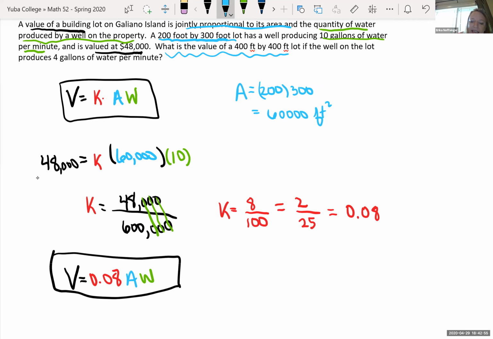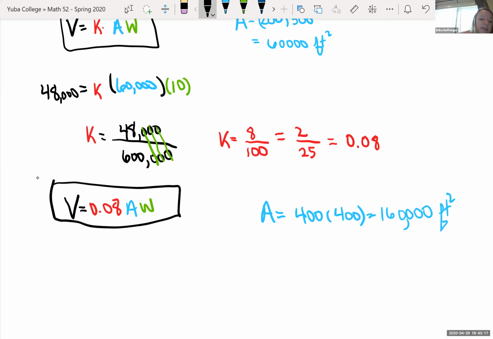So A in this case is 400 foot by 400 foot, which is 160,000 square feet.